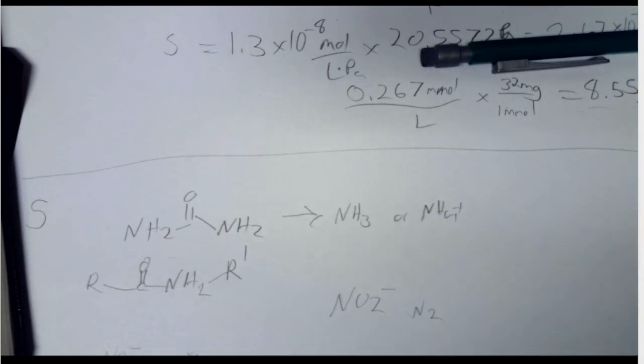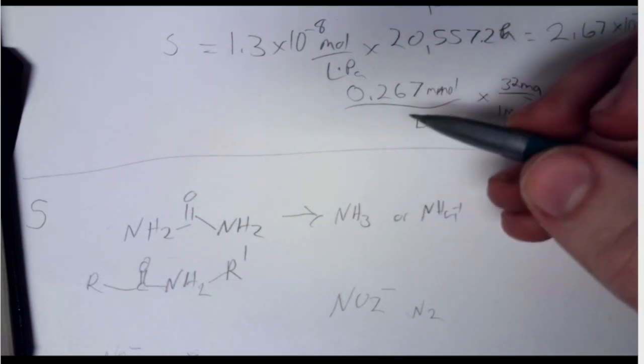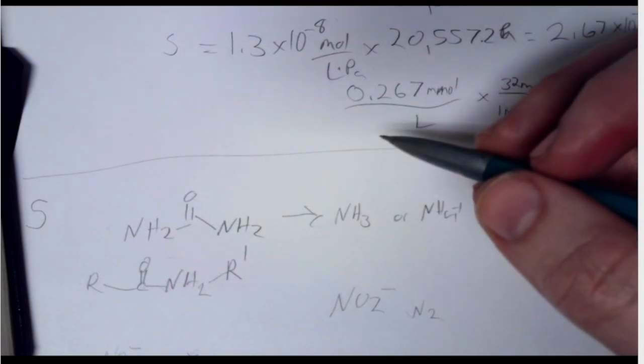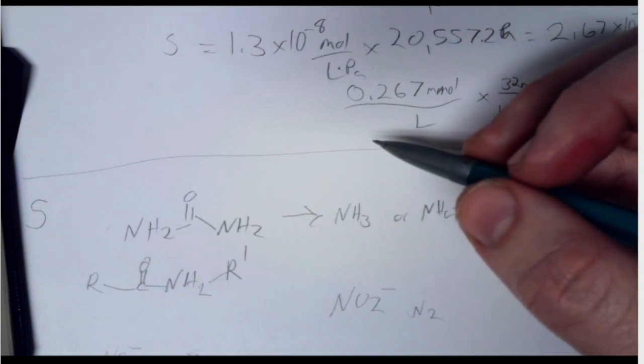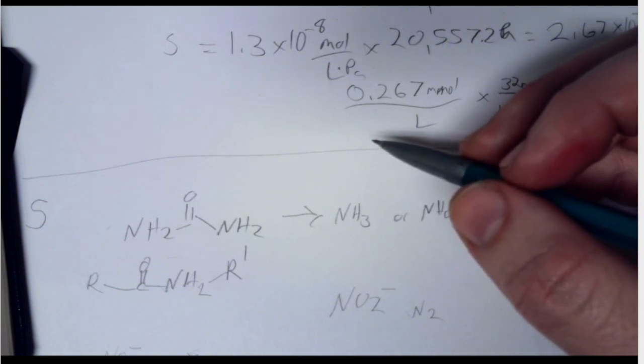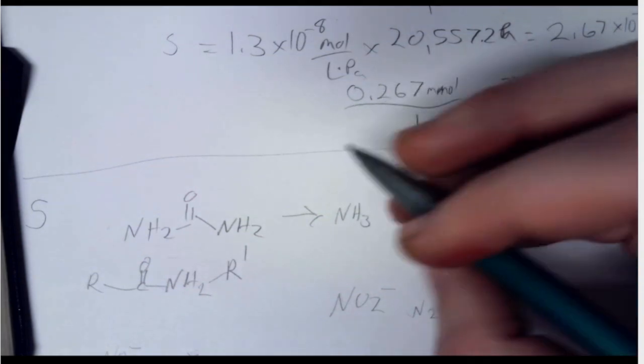Now, a better problem would be number 6. Using the thermochemical tables, calculate the pE standard values for the reductive half reactions involving nitrate in 3 different cases, where the product is ammonia, ammonium aqueous.